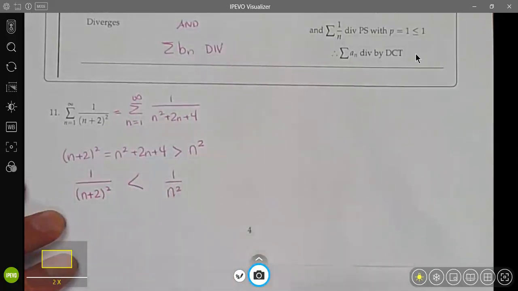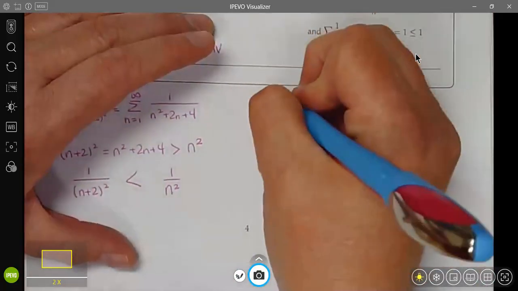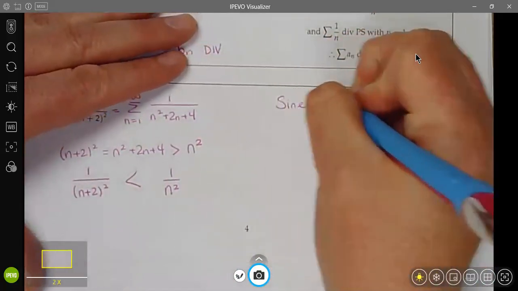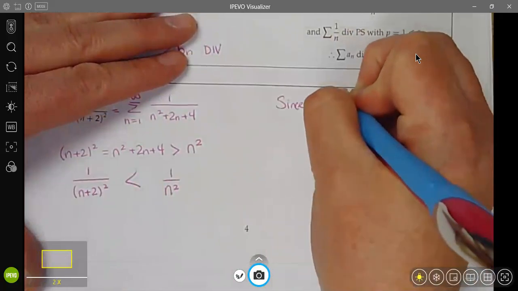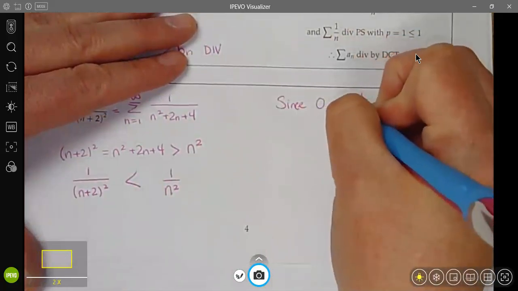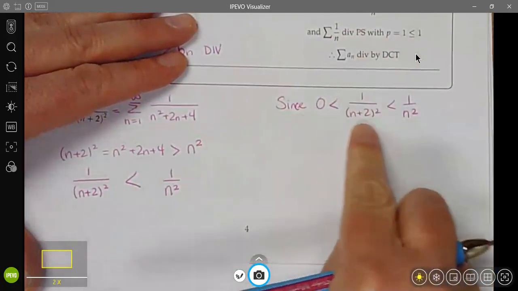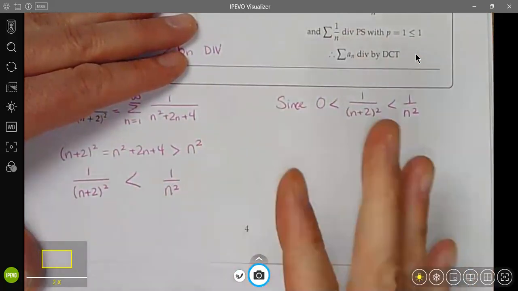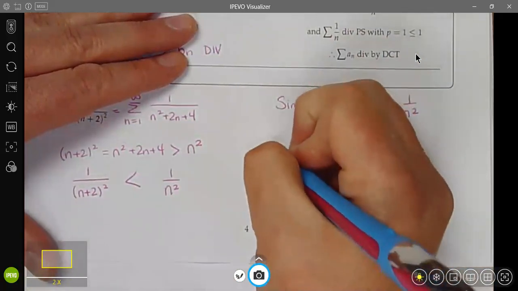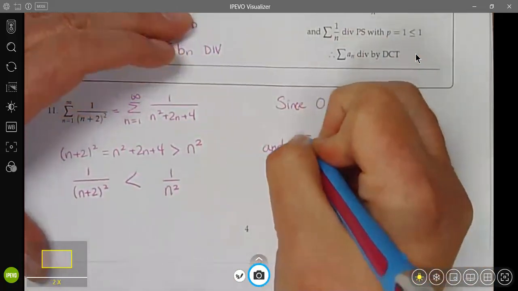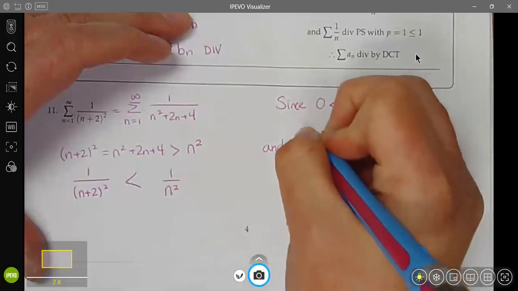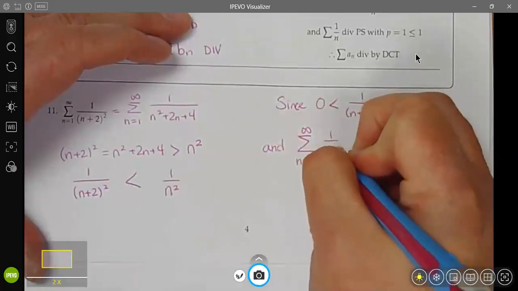So I have everything I need to write this up now. Since 0 is less than 1 over n plus 2 squared, less than 1 over n squared. So notice there's no series symbols here. I'm just putting an inequality on those guys. And now I'm going to look at a series. So the series n equals 1 to infinity of 1 over n squared.